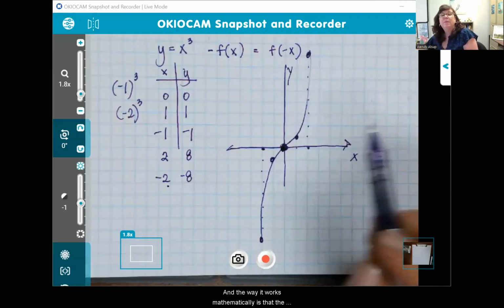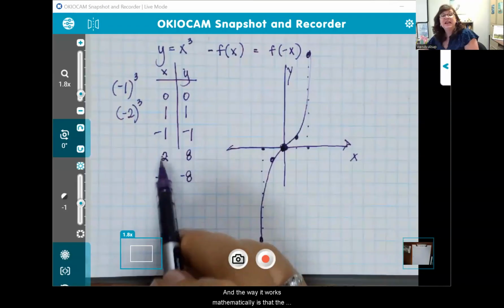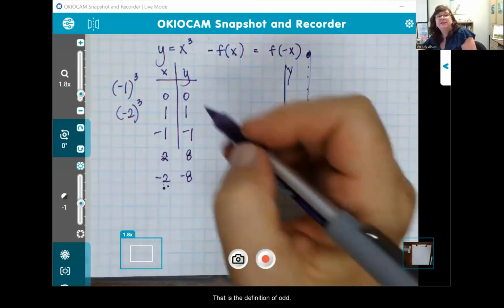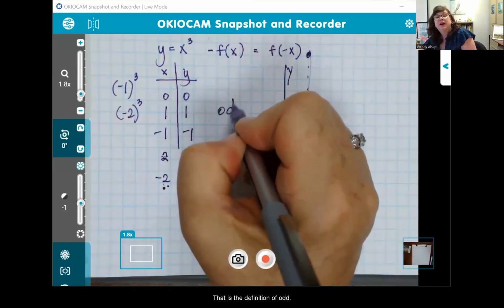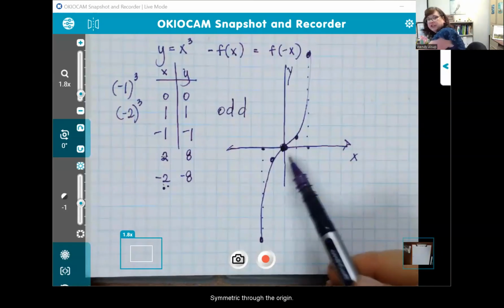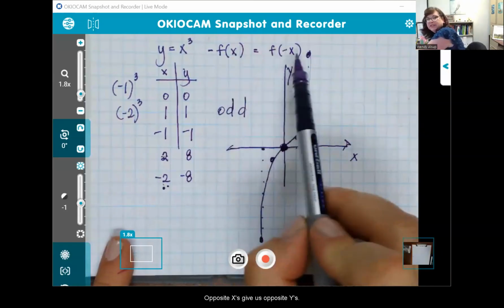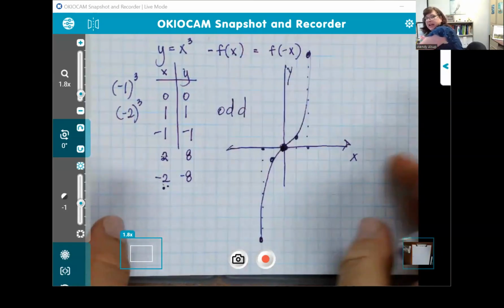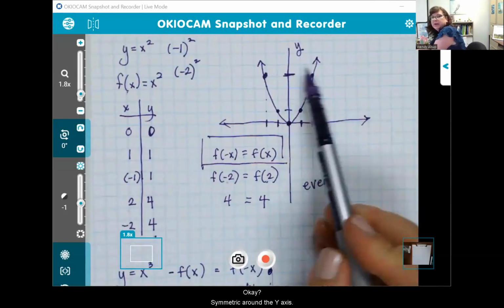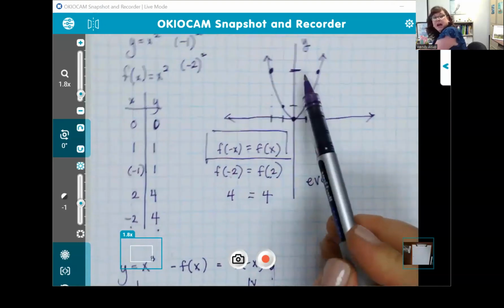The way it works mathematically is that opposite x's give us opposite y's. That is the definition of odd. Odd: symmetric through the origin. Opposite x's give us opposite y's. Even: symmetric around the y-axis.